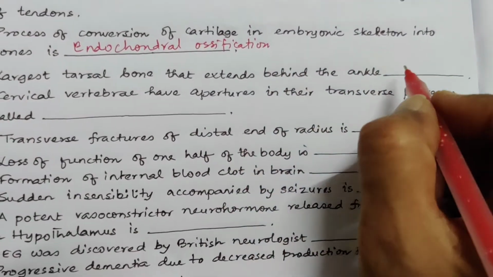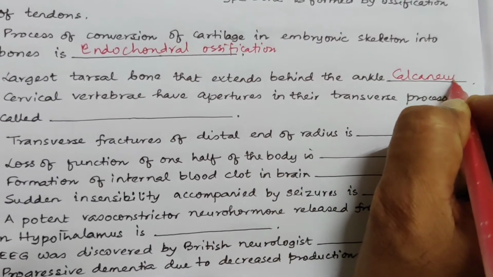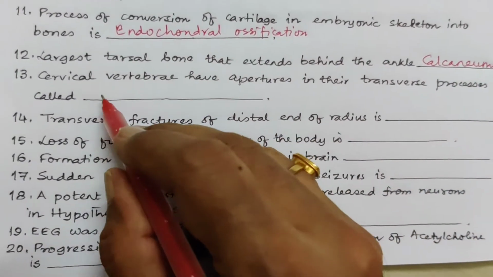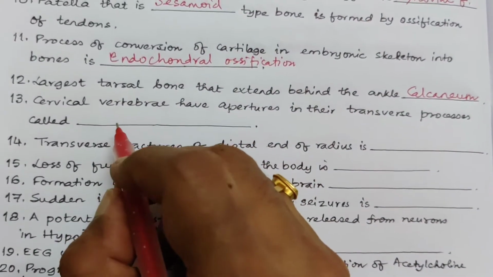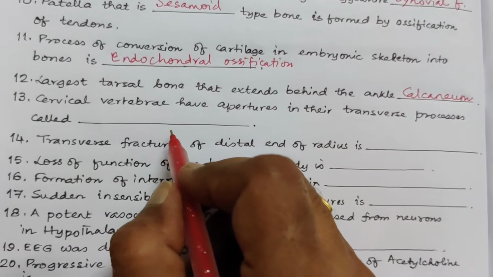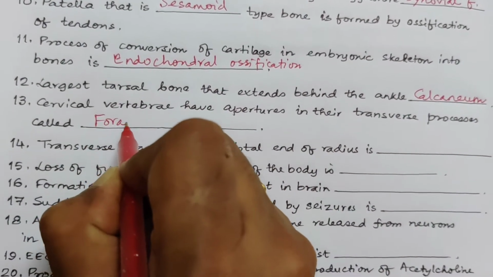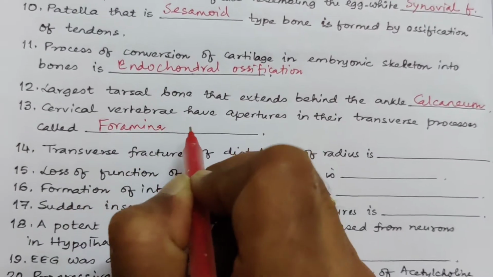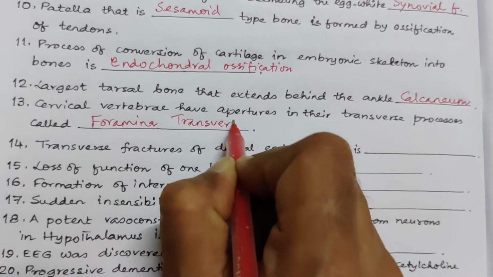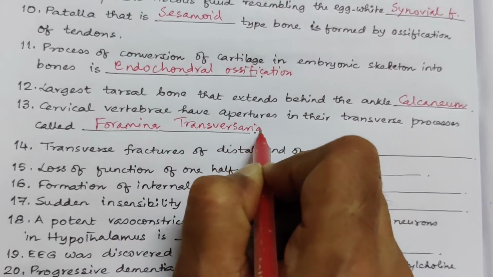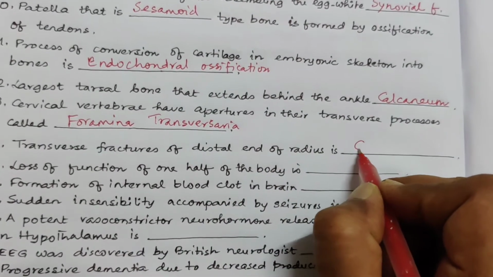Largest tarsal bone is calcaneum. Cervical vertebrae have apertures in the transverse processes called foramina transversaria. Transverse fractures of distal end of radius is Colles' fracture.